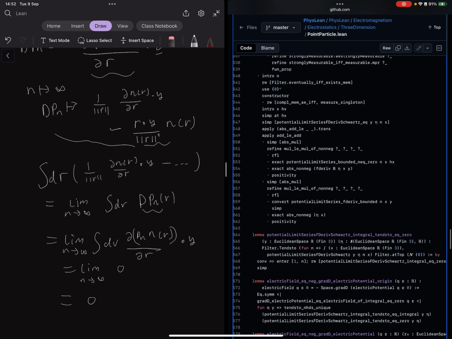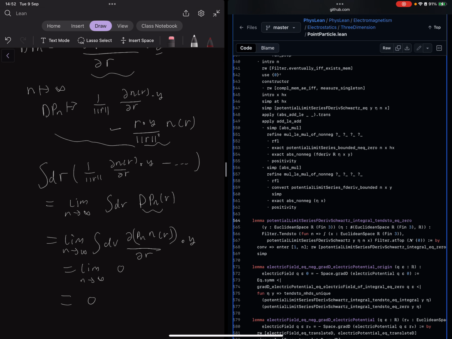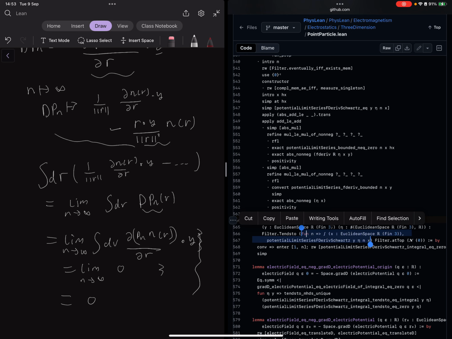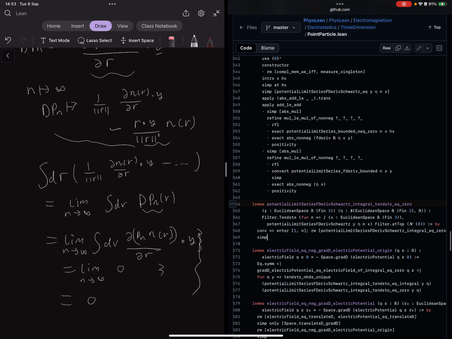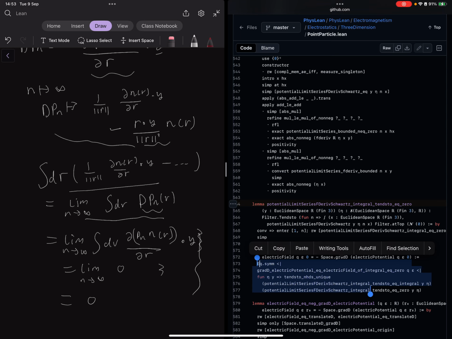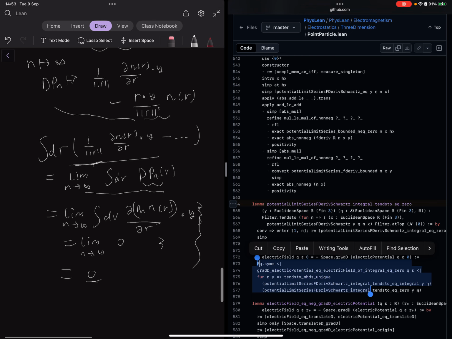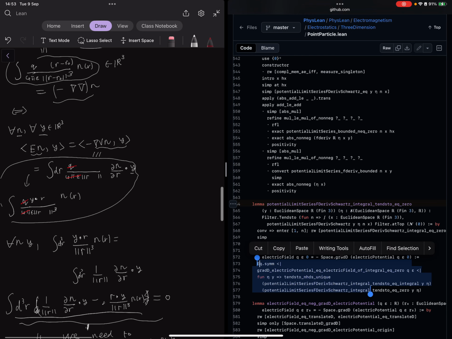So this is the statement here, that this limit is equal to 0. So this function here tends to 0 at infinity. And this is really putting everything together, because if something tends to this and it tends to 0, then this thing has to be equal to 0. And that concludes the proof.